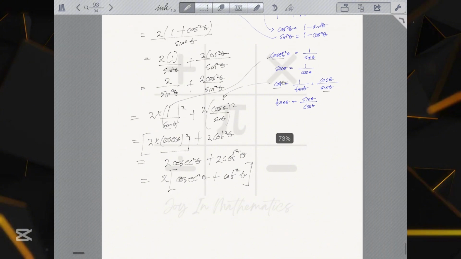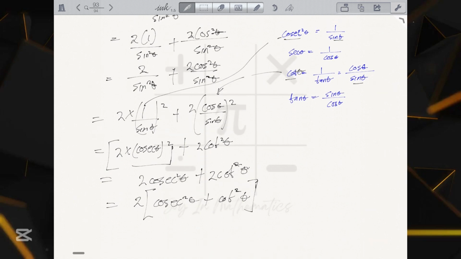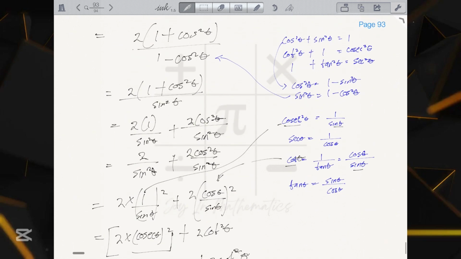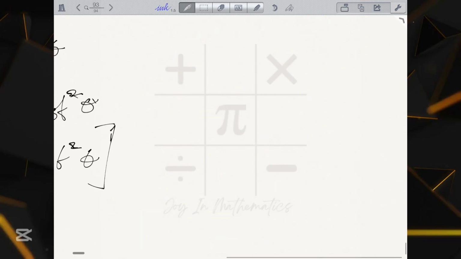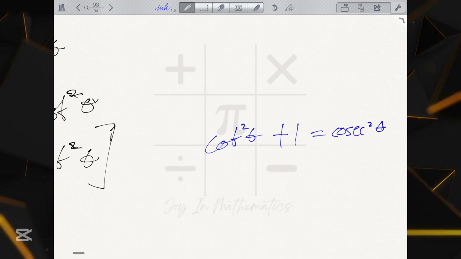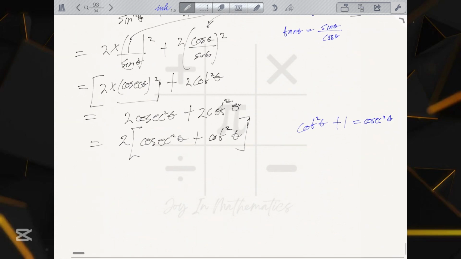So moving on now, let's recall what relates cosec squared theta and cot squared theta together. This means we are applying the second identity. So let's rewrite that: cot squared theta plus 1 is equal to cosec squared theta. Let's substitute cosec squared theta into the expression.